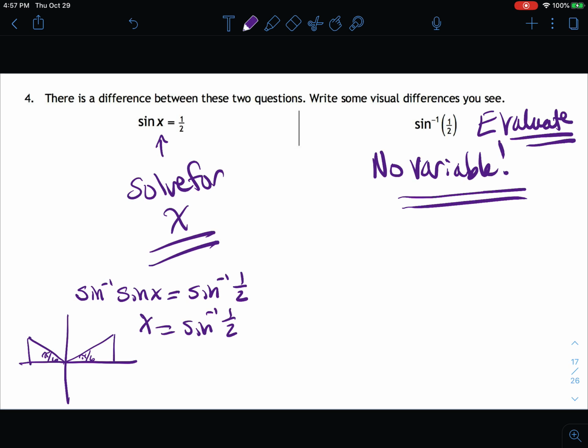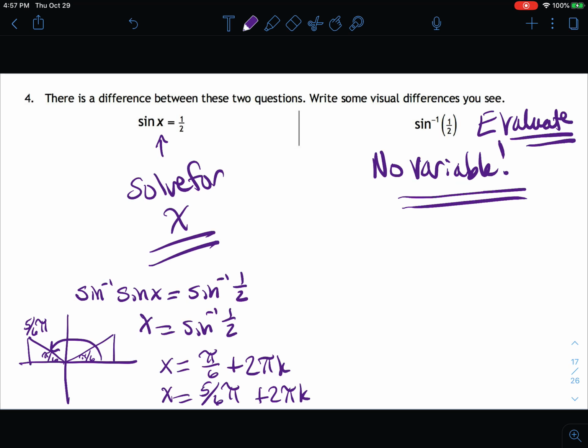This reference angle is pi over 6, so this angle is 5/6 pi. So x is going to be pi over 6 plus a full revolution, and x is also going to be 5/6 pi plus a full revolution.